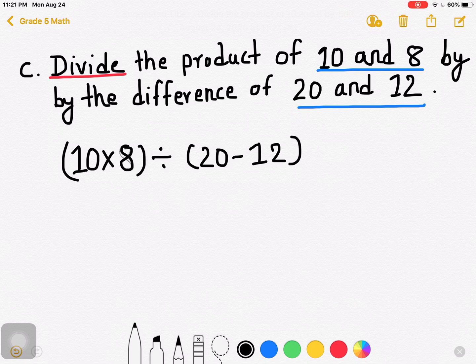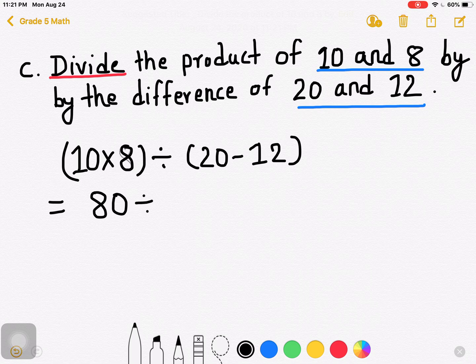Now let us solve it. Understood or not? Divide the product of 10 and 8 by the difference of 20 and 12. Did you get the point here? If yes, then let's start to solve this. 10 into 8, what is the product? 80.